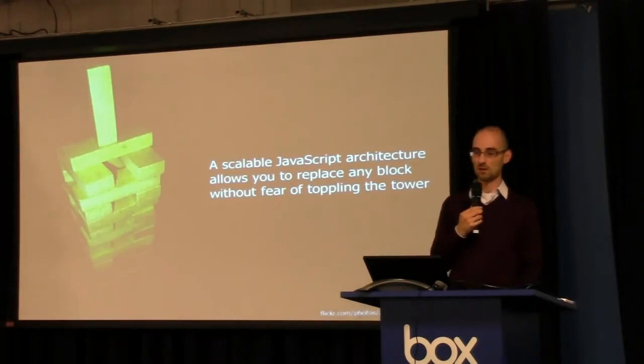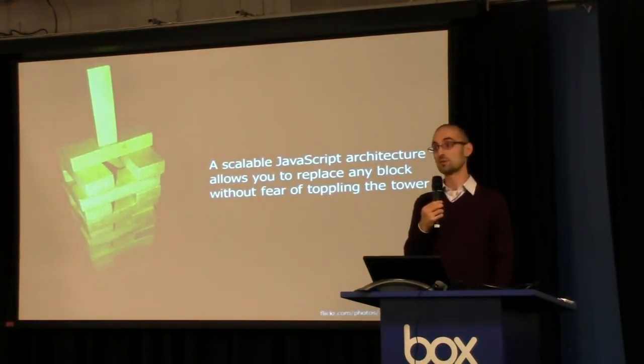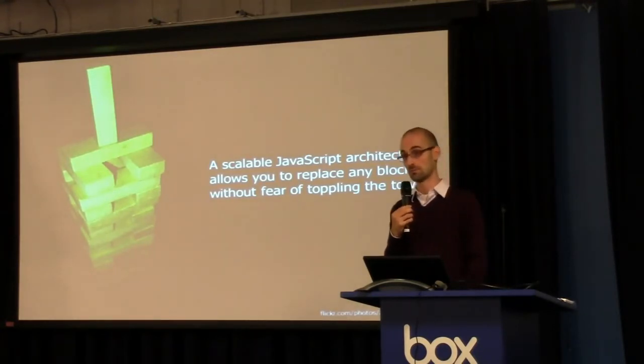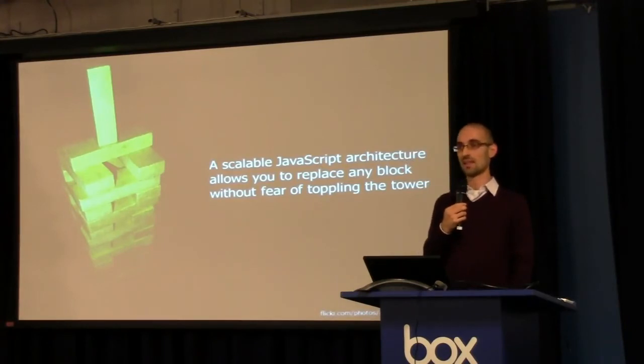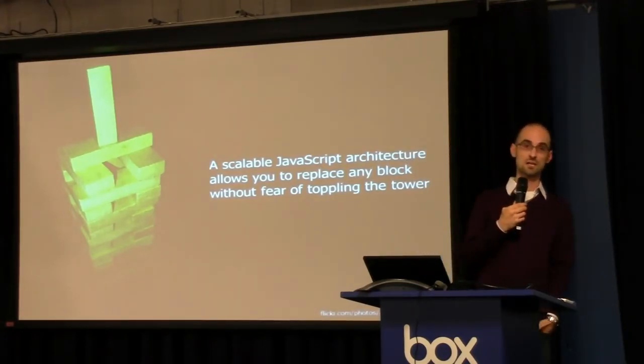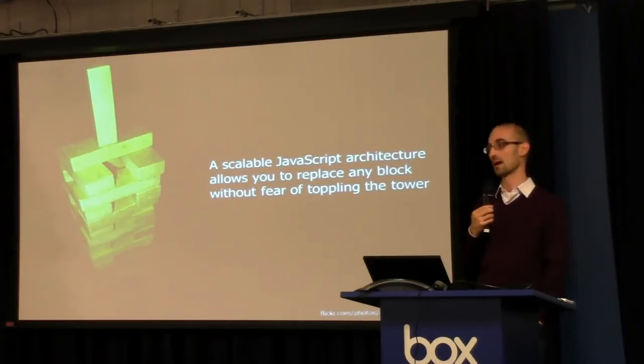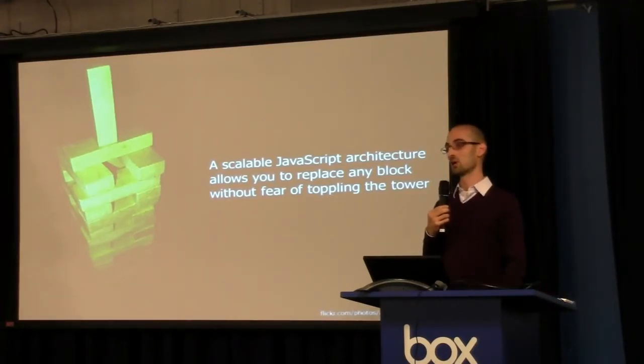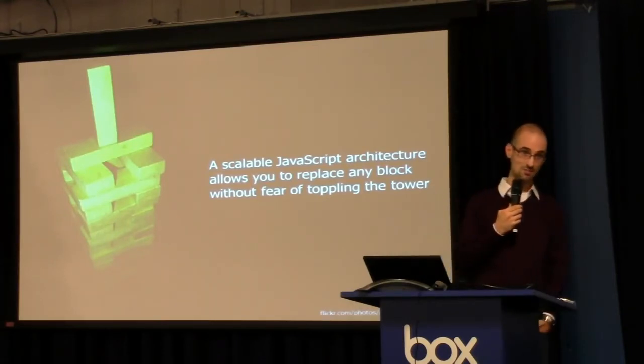And basically, you can think about this like you would Jenga. Right? You can remove any one of those blocks, and the tower isn't going to fall over. That's the important piece. A lot of times, companies waste people's time by needing to go back and change code because somebody changed code somewhere else.